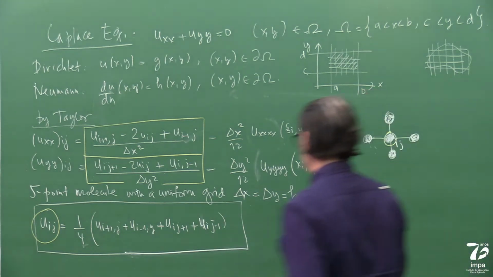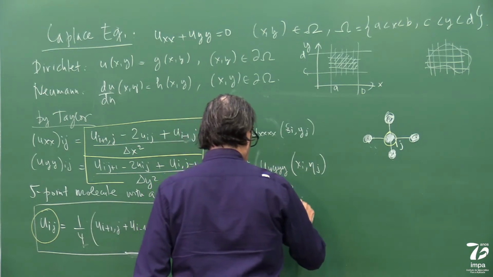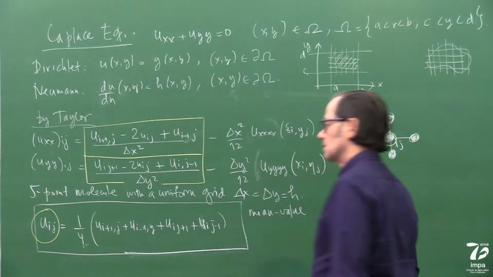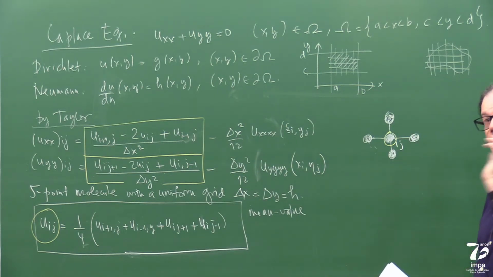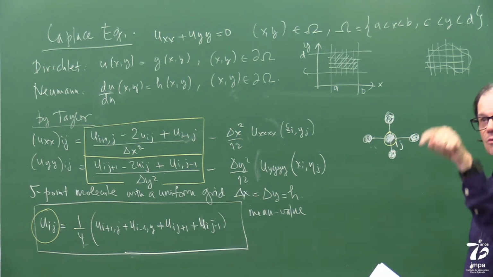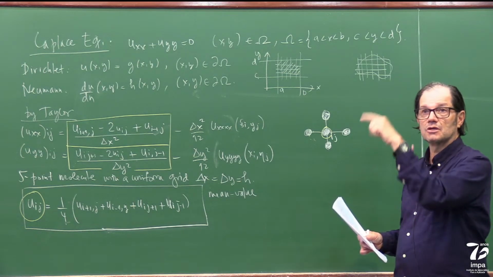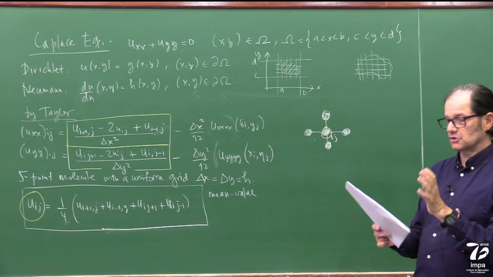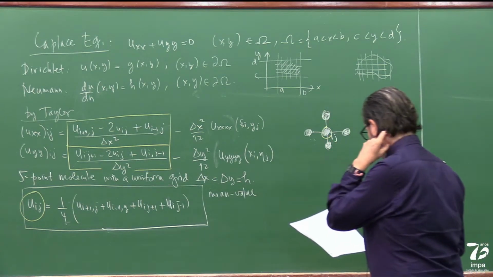So here we have the mean value. There's an integral form for Laplace's equation: the value at the center of a ball, be it whatever dimension you are in, is the average of the boundary values on the shell of the sphere. This guy is a discrete version, so we have the mean value.